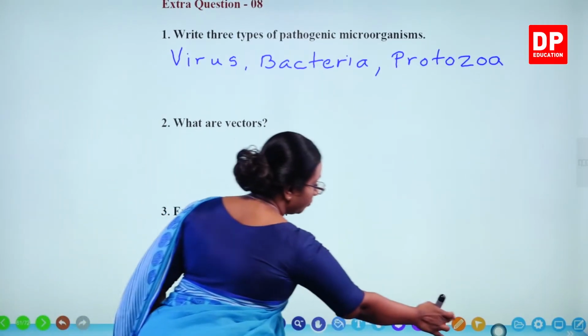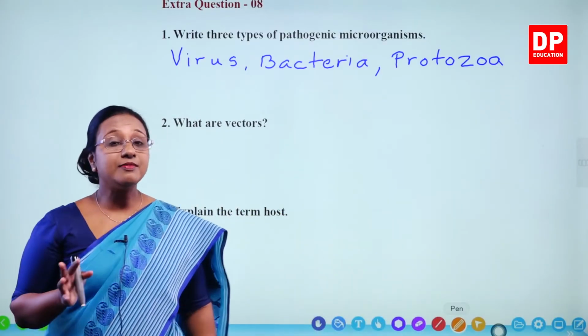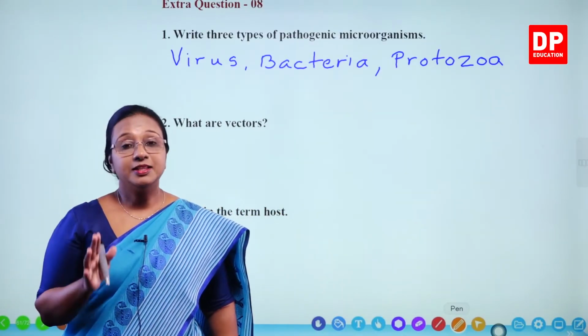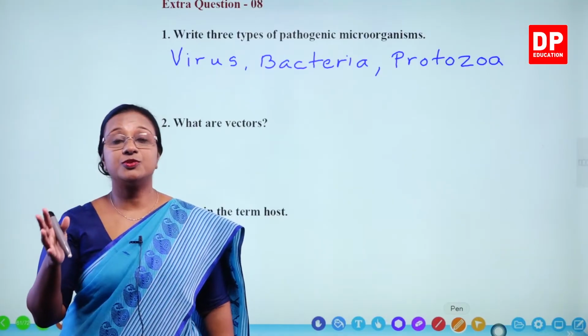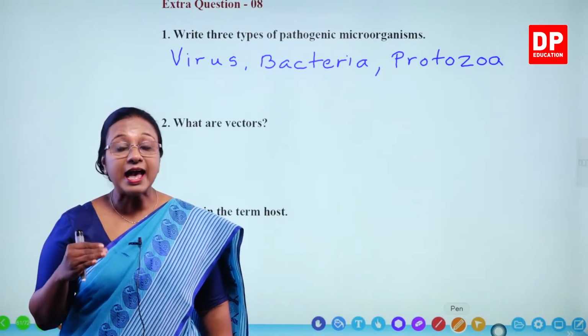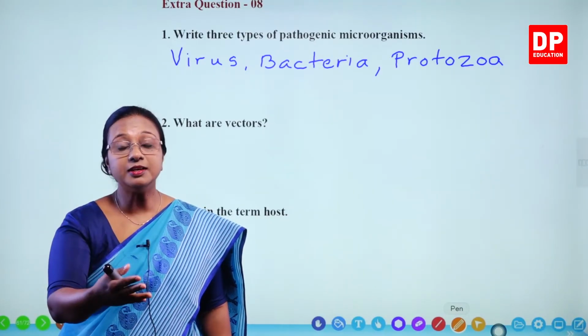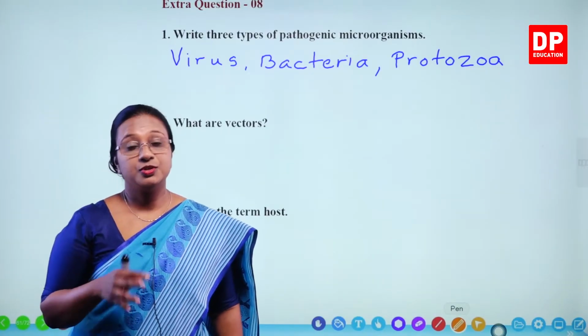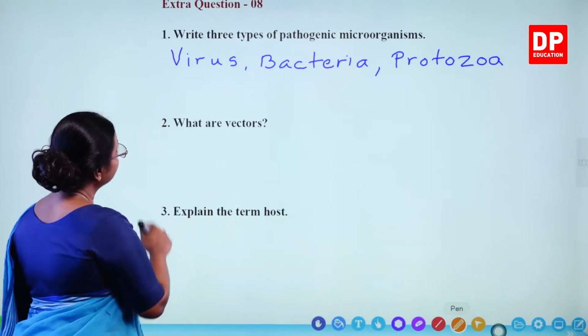What are vectors? The organisms like mosquitoes and flies who carry the pathogen to the host. So those are what we call as vectors.